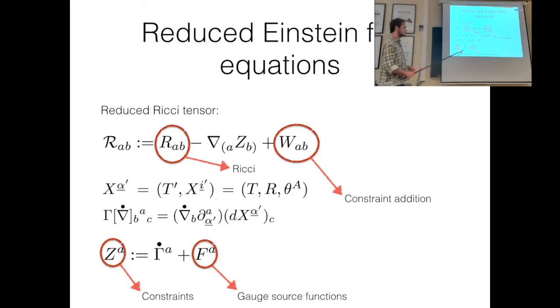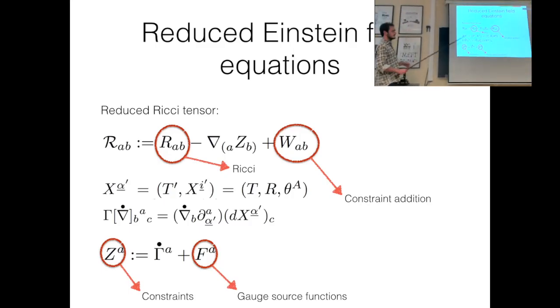So basically, the two lower indices in the Christoffel tensor that takes you from the Cartesian covariant derivative that I defined above to another covariant derivative, which is called the shell covariant derivative, which is adapted to this coordinate system, which can be thought of as a normal spherical polar coordinate system, plus the gauge source functions, which encode basically the gauge choice, plus constraint addition.